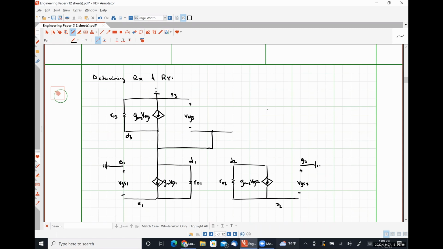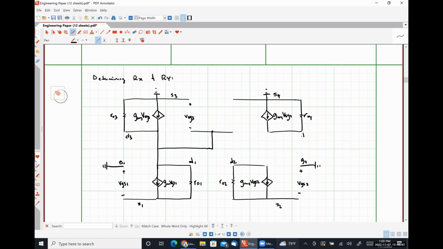Up here, I'm going to draw what's going on with transistor M4. So this is GM4, VSG4 in parallel with RO4. We're source of 4, drain of 4, plus minus VSG4.